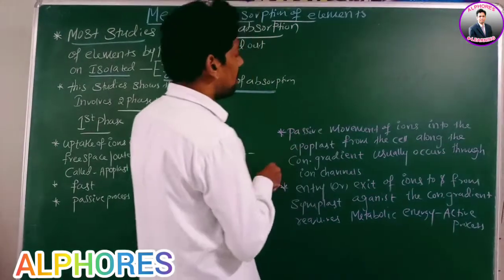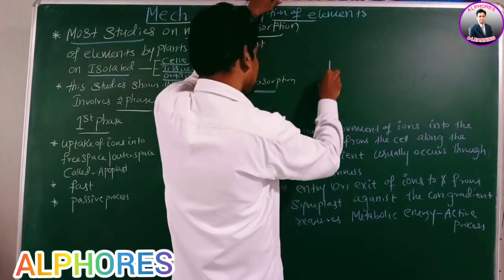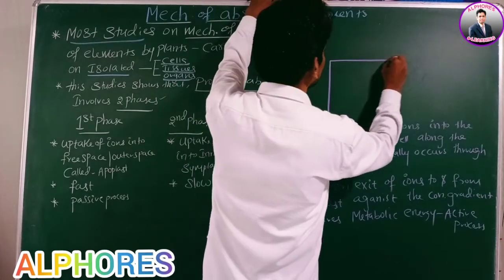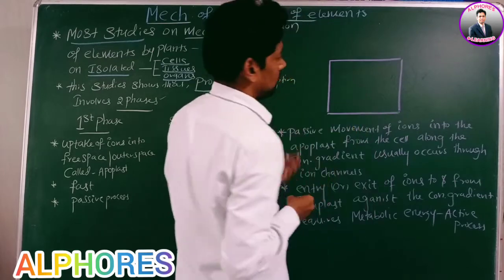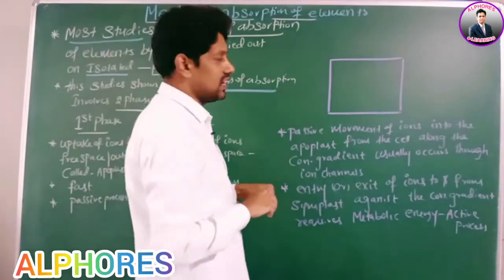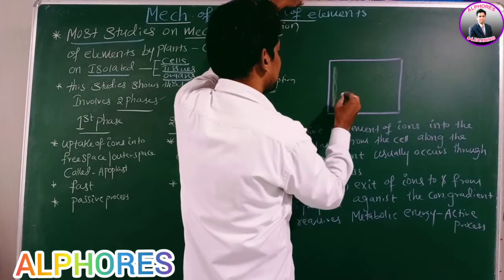Now see the diagram once. For example, this is a cell. I am taking a plant cell.